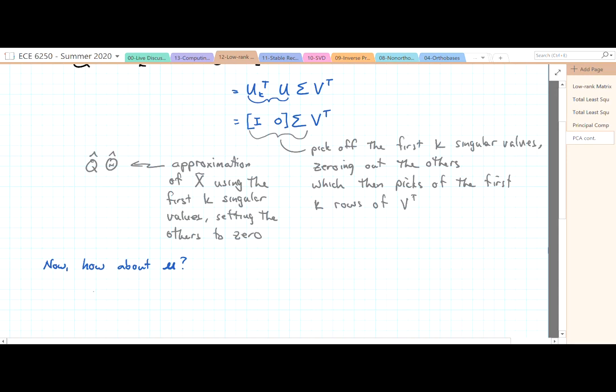So we had theta sub n is equal to Q transpose (x_n minus mu).